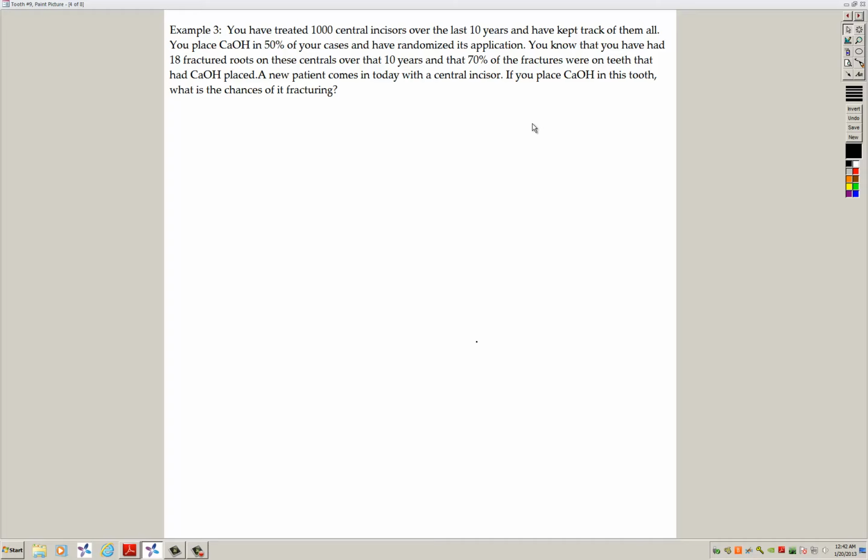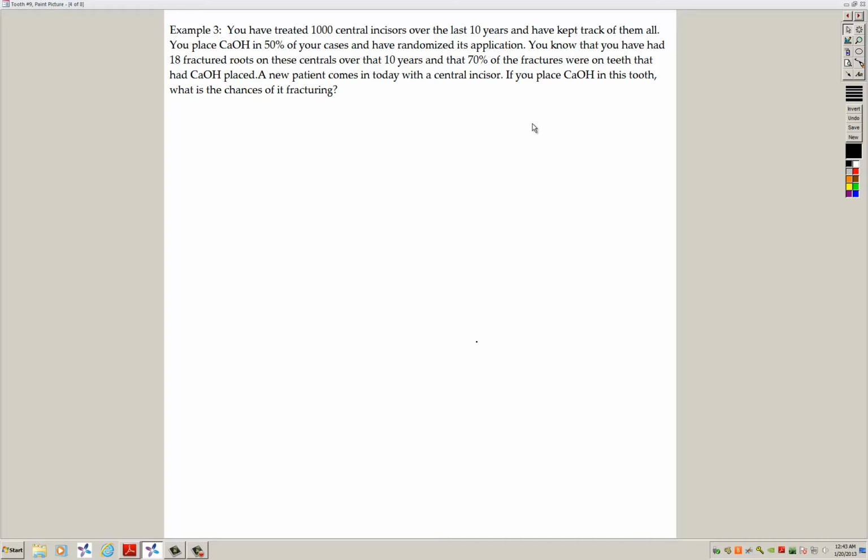So we simply do every other case with calcium hydroxide, so there's no kind of bias involved in the placement of the calcium hydroxide. And we know we've had 18 fractured roots on these centrals over 10 years, and that 70% of the fractures occurred on teeth that had calcium hydroxide placed.